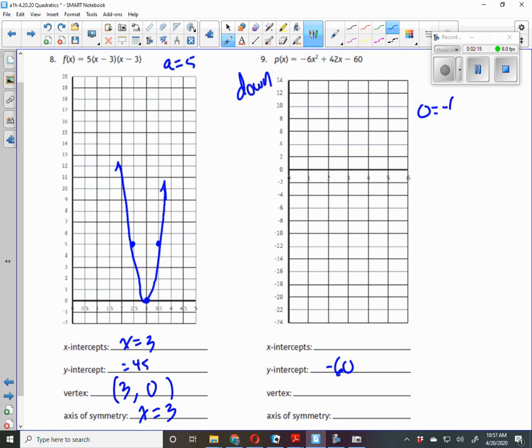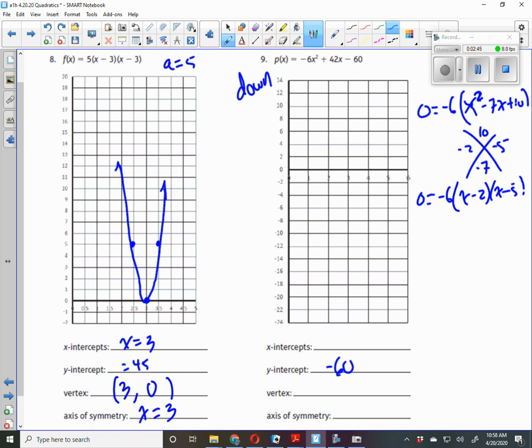If I factor out the -6, I'm going to get x squared minus 7x plus 10. So we're looking for factors of 10 that add up to -7. That's got to be negative, right? So -2, -5. If I rewrite that one more time, -6, x minus 2, x minus 5.